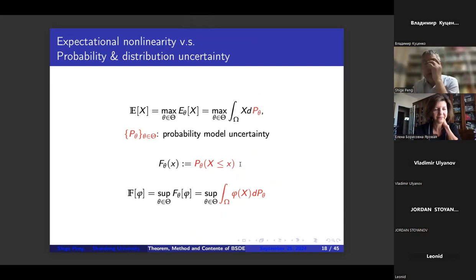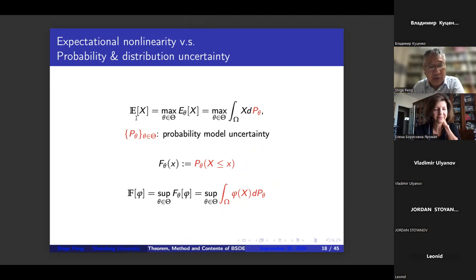That's why the sublinear expectation can dominate any given expectation.